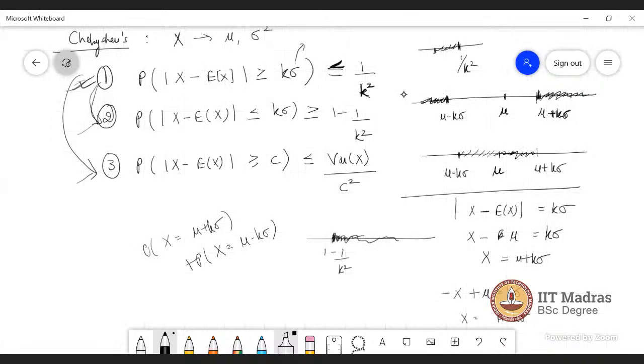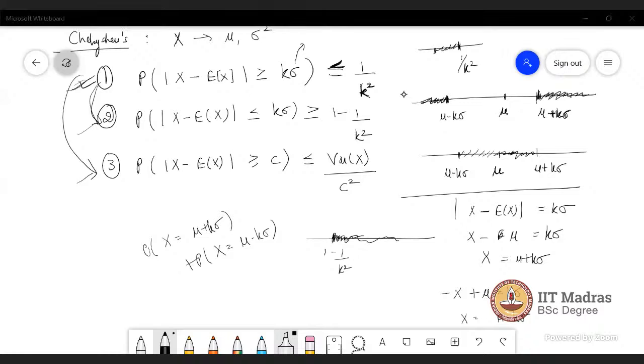The equal sign is there in both equations, no, 1 and 2? Yes, the same will apply to equation 2 also. Then my k is coming as root 2 for every value. What do you mean every value? If mod of x minus expectation of x equals k sigma, then 1 and 2 will be similar, so I can equate the probabilities: 1 by k square equals 1 minus 1 by k square.